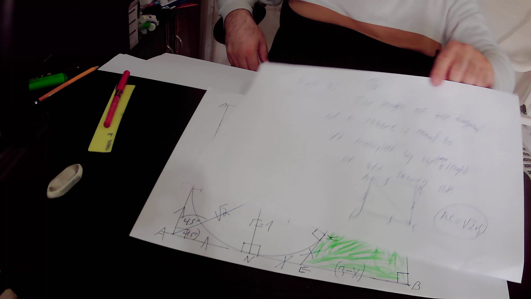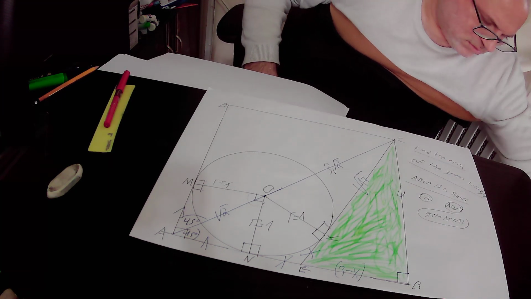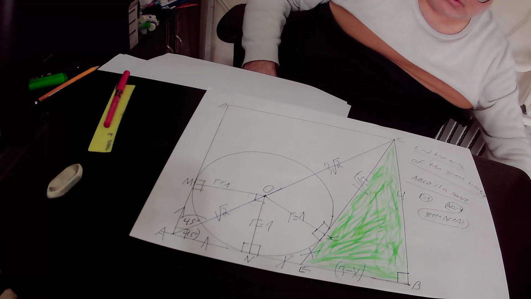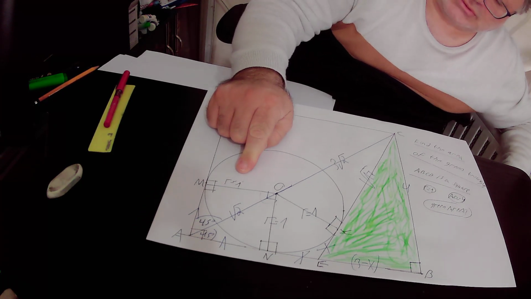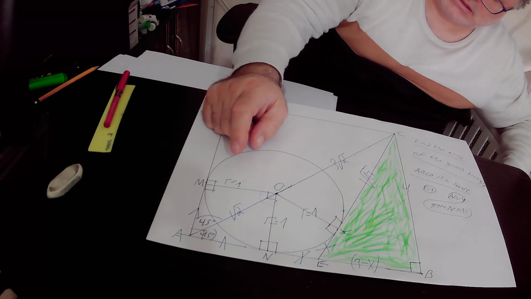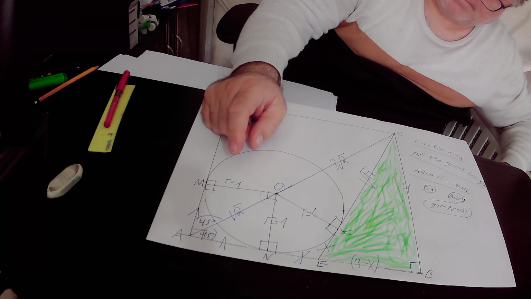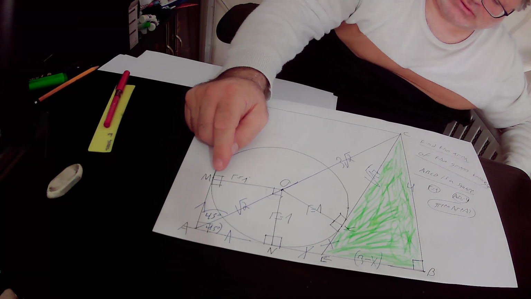Now let's implement rule number 7 in our drawing, because in the small square MOAN, we know that one side of this square is equal to 1 unit.